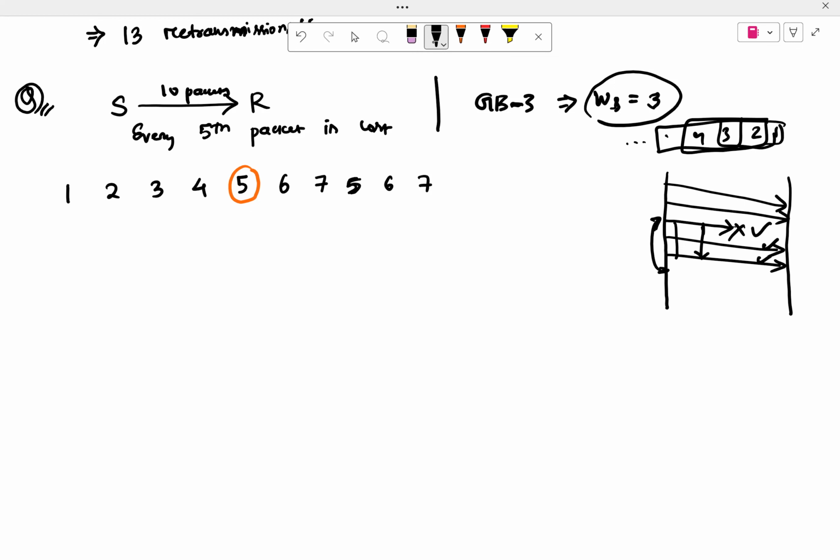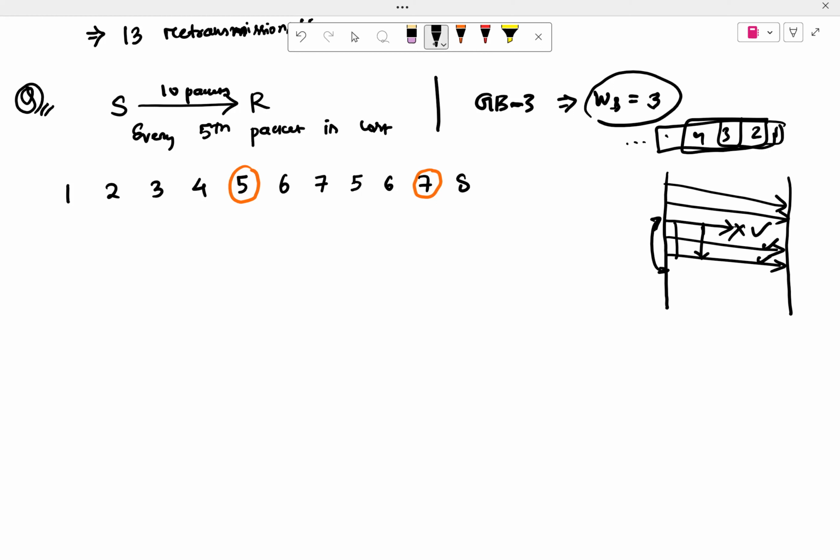Now 7 here is the fifth packet. So it will again be lost. But you will not know.